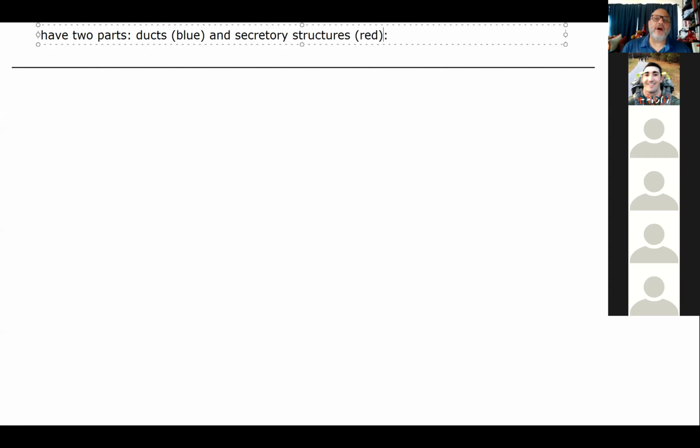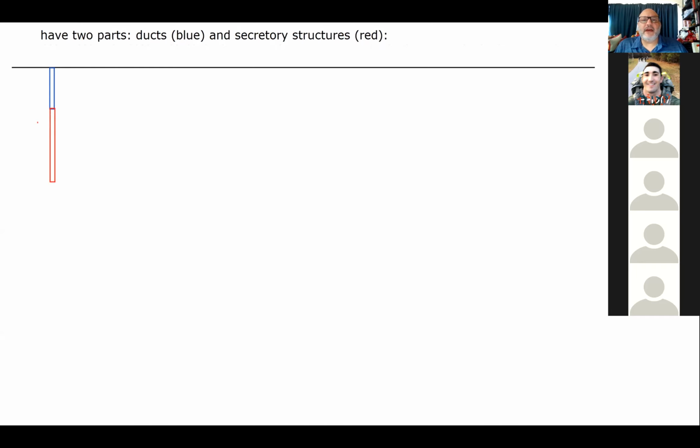So one possible structure that a gland could be comprised of is a single duct, and connected to that single duct is a long tubular secretory structure.